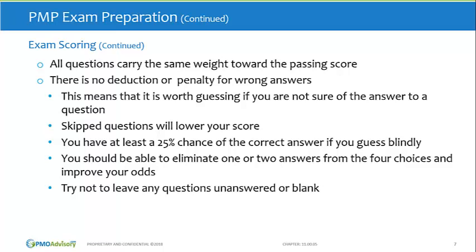And even if you guess blindly, you'll have at least a 25% chance of getting the right answer. Usually you can eliminate 1 or 2 answers, and that will improve your odds if you're guessing. The important thing is, do not leave any questions unanswered or blank.